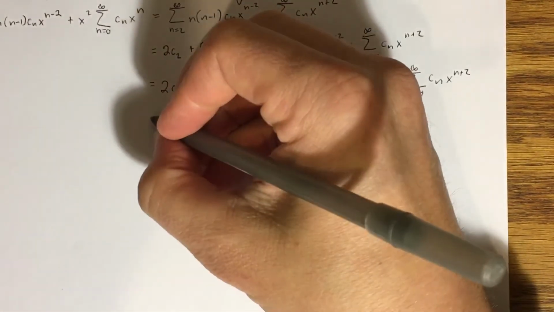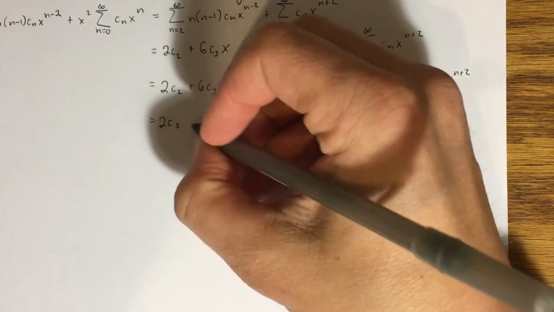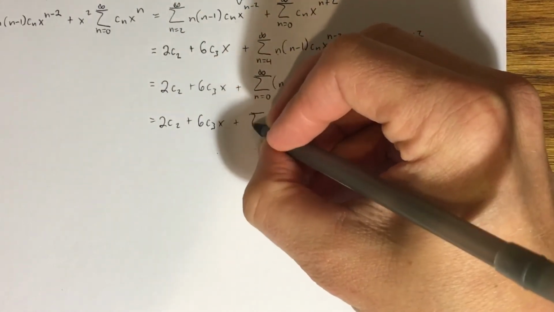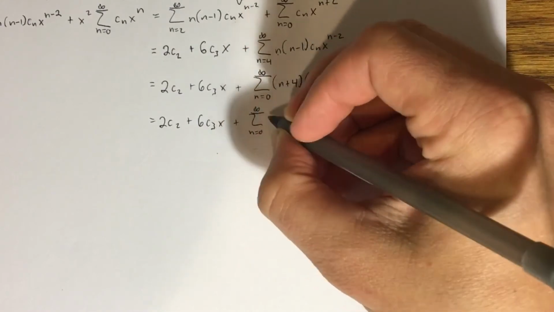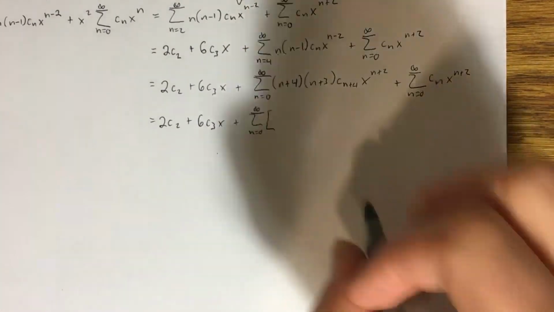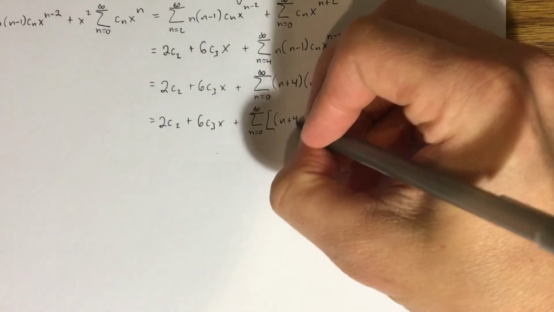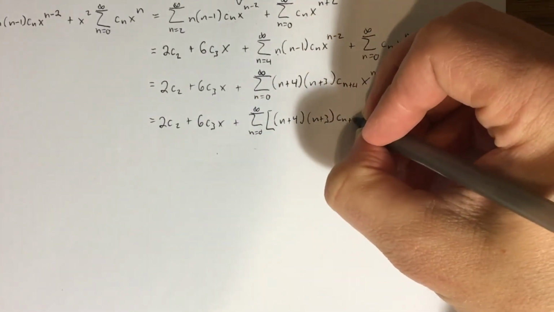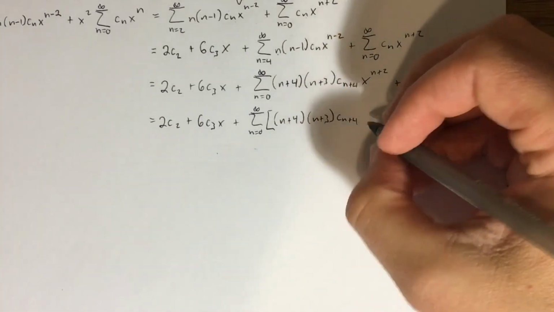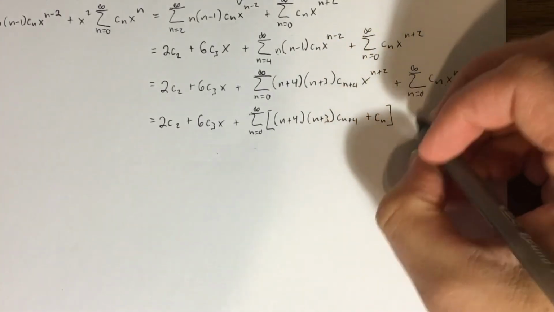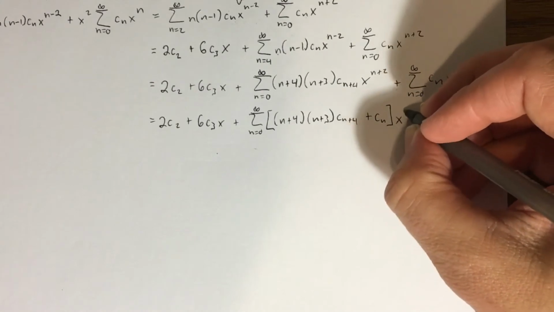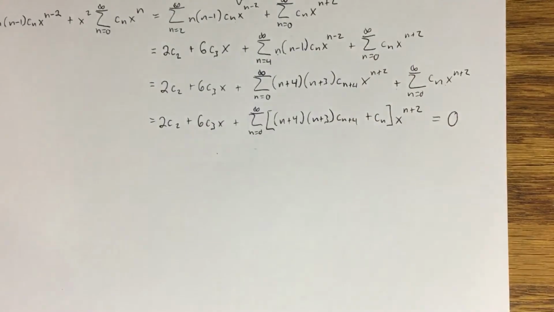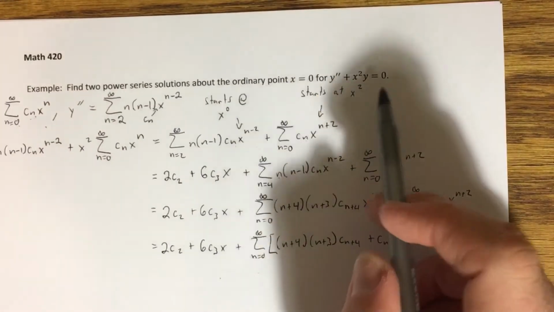So it's helpful to do a little mental check just to make sure you didn't make a mistake when re-indexing like that. Okay, finally we've got this 2c2 plus 6c3x plus the sum from n equals 0 to infinity, and now we can combine these. So I get n plus 4 times n plus 3 cn plus 4 plus cn, and that's the coefficient on that x to the n plus 2 power, and now we set that equal to 0 because that's what's happening with our DE.